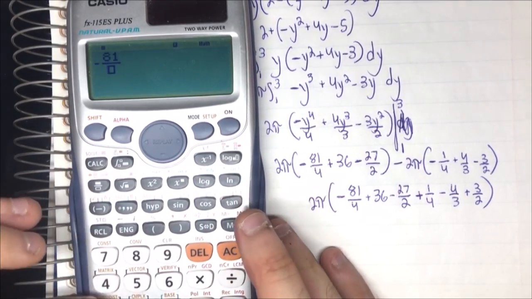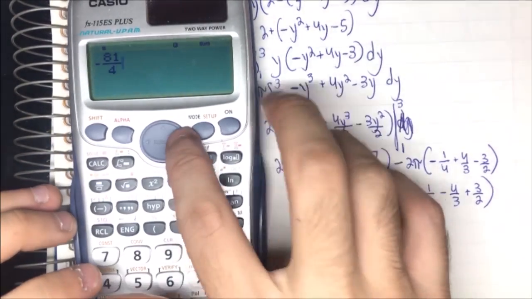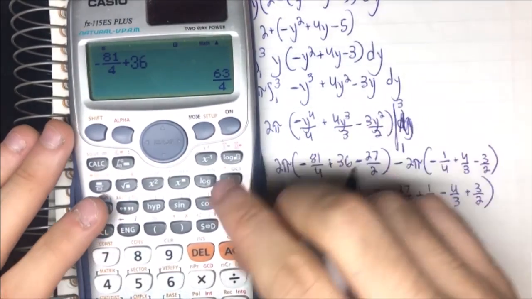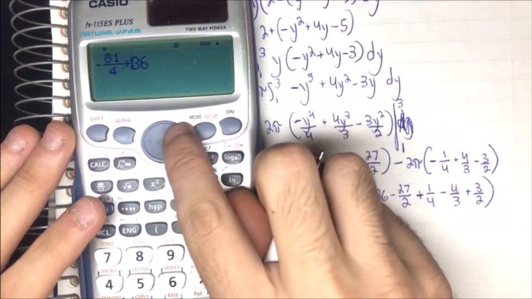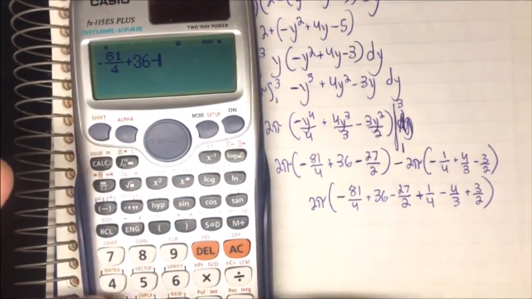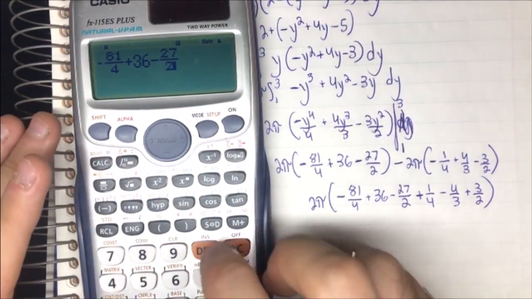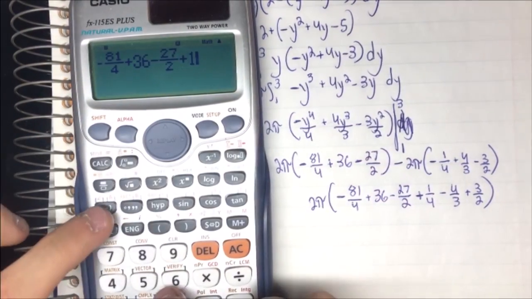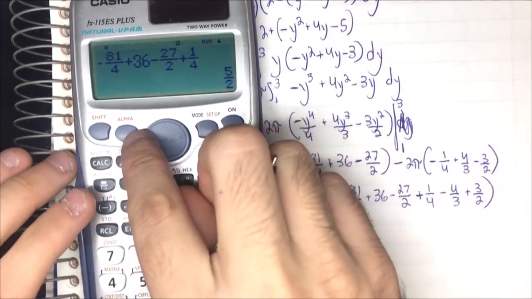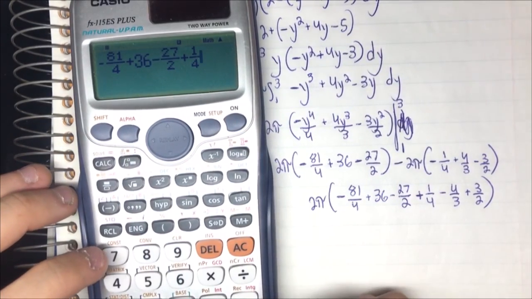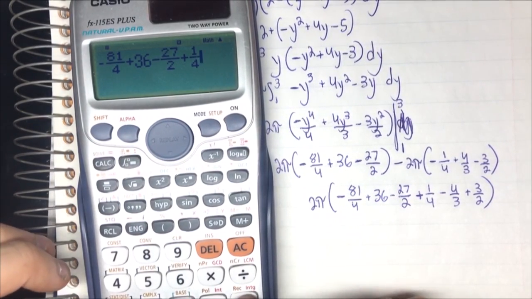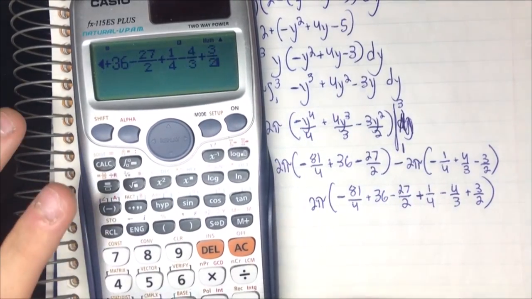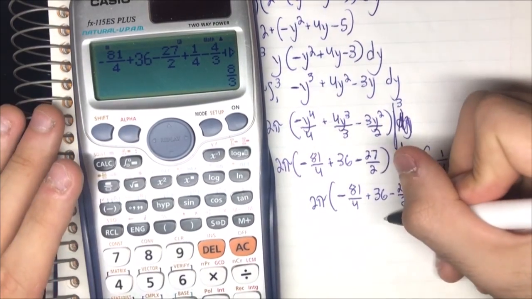So let's see, negative 81 over 4 plus 36 gives us 63 over 4, all right, minus 27 over 2 gives us 9 over 4, plus 1 over 4 gives us 5 over 2, minus 4 over 3, and then plus 3 over 2.